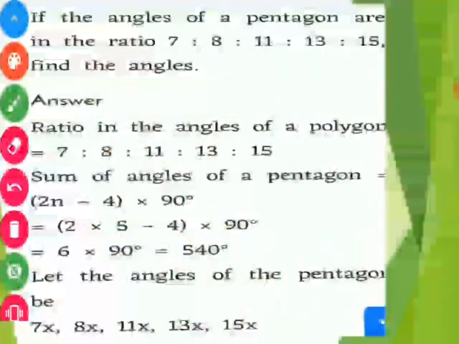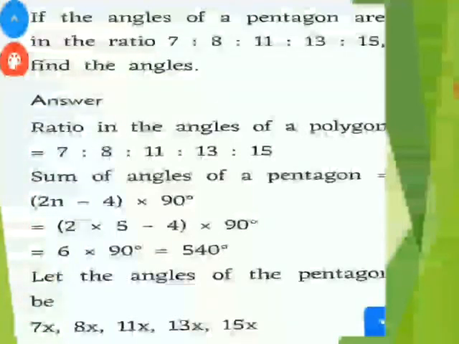So this way we have calculated the sum of the interior angles of a pentagon. Once we have done this and we have considered all the angles here, they are 7x, 8x, 11x, 13x and 15x. So the sum of all these angles will be equal to 540, the sum of the angles of a pentagon.